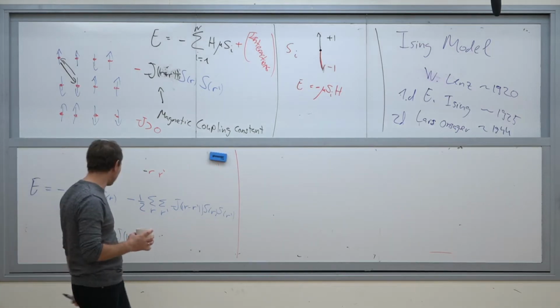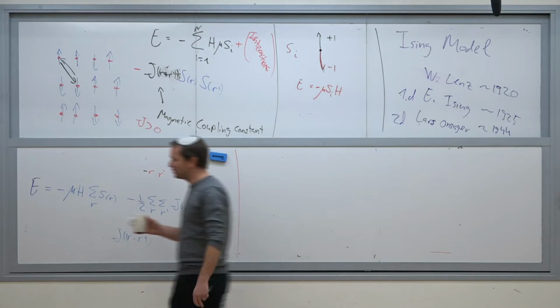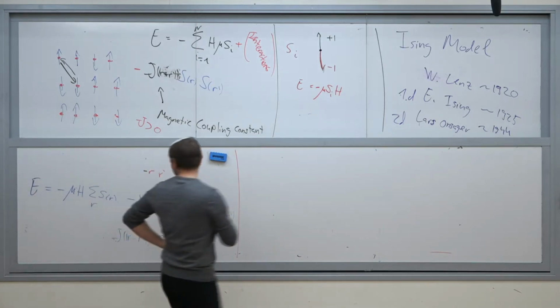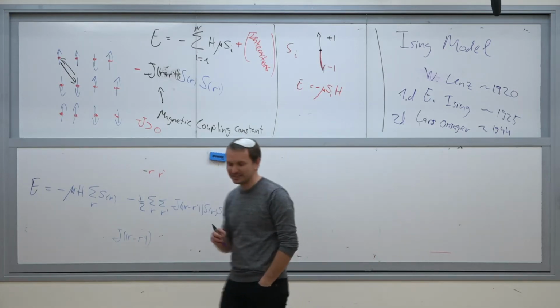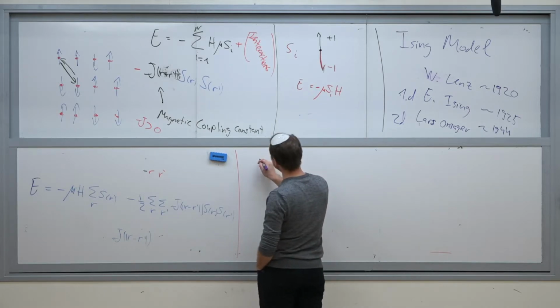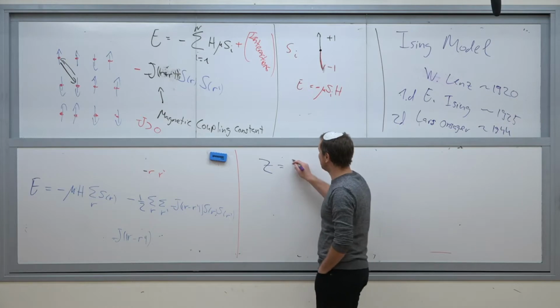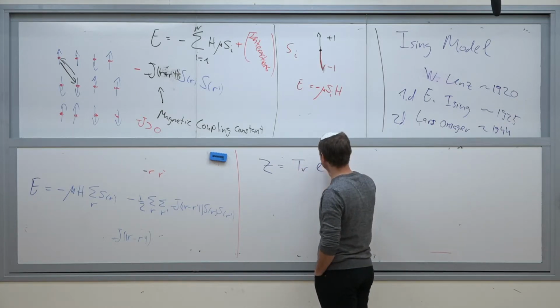So we are going back to this equation, and what we are going to do is take a trace. So this is E, right? Now what we want to understand is the statistics of this problem, and what we need to calculate in order to do this is take a trace over this.